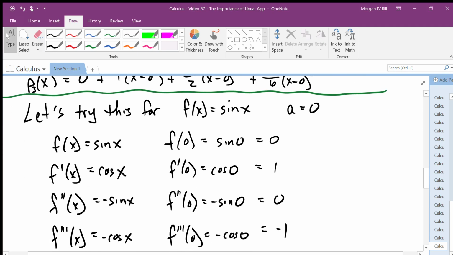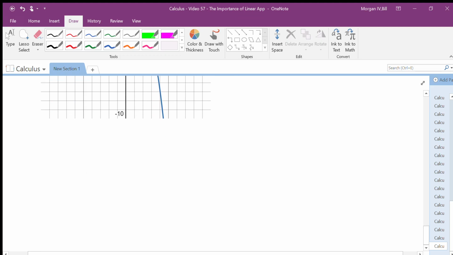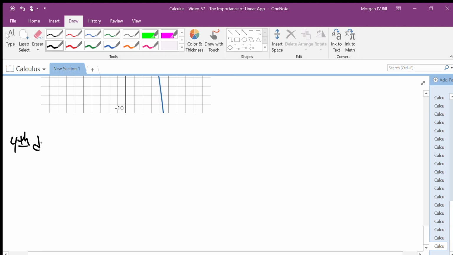So thinking of that pattern, we have a 4th degree polynomial.